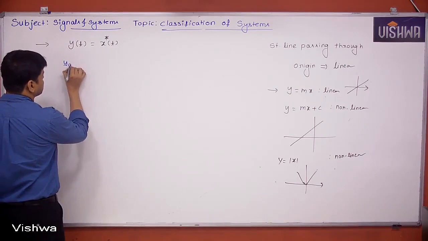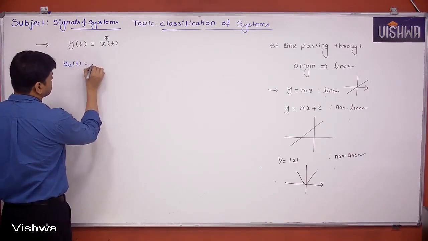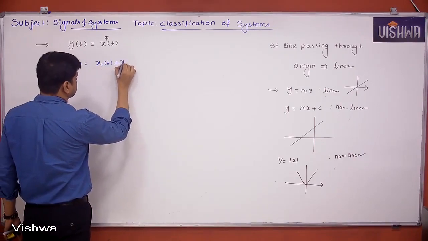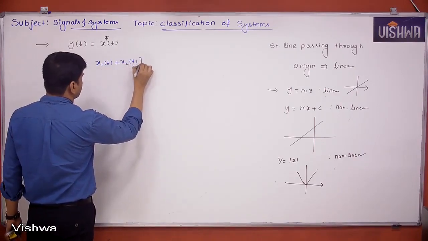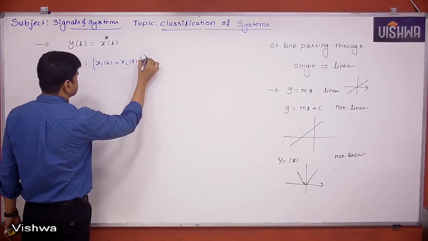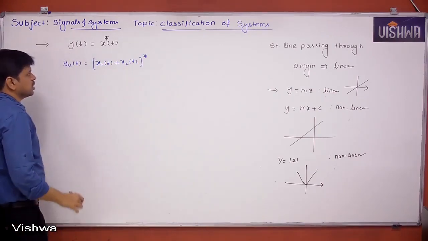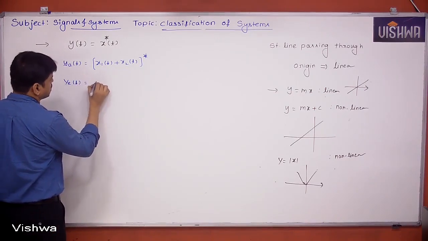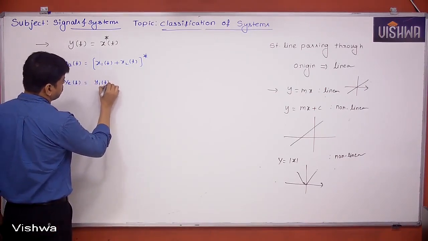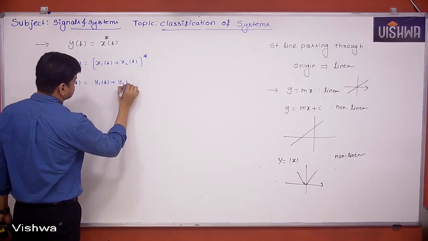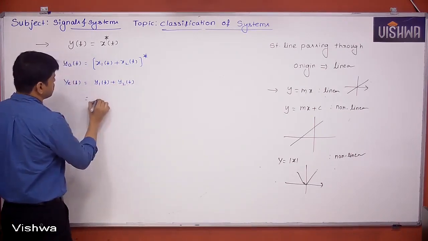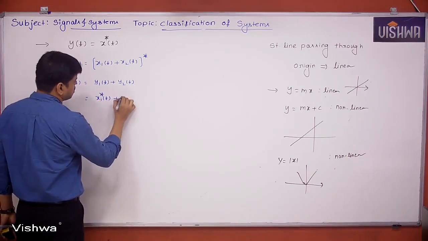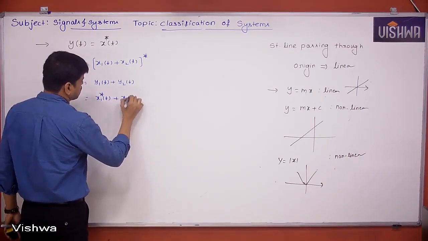For the additivity principle, the actual output is x replaced with x1 plus x2, that is x1 of t plus x2 of t, whole conjugate. Next, what is the expected output? That is y1 of t plus y2 of t, which is x1 of t conjugate plus x2 of t conjugate.